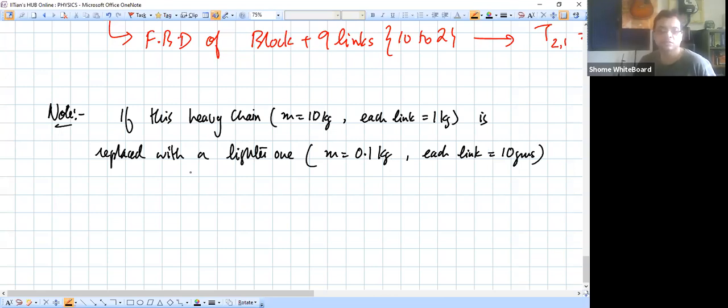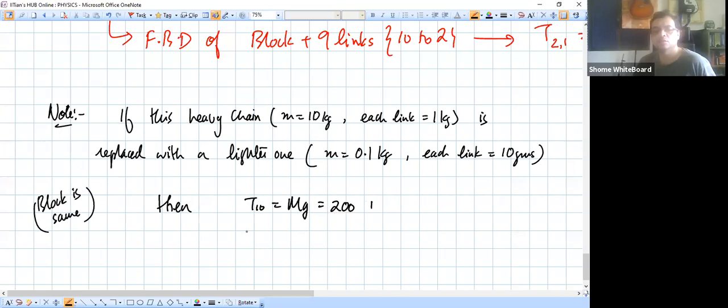Then what would happen? The block is the same. Then what we would observe here is that T10 would remain capital Mg, so 200 newtons.